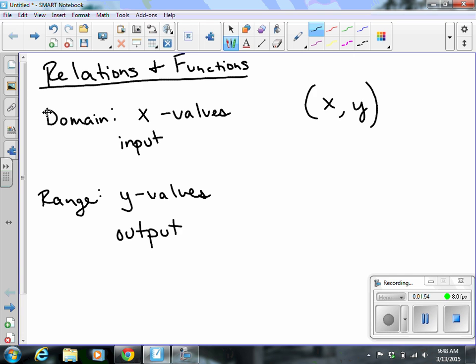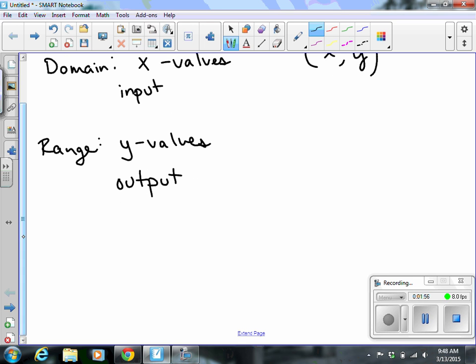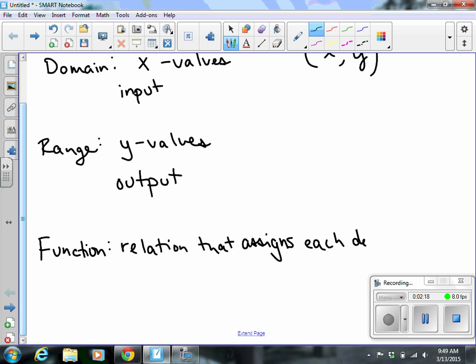Now, let's talk about what a function is. A function is a relation that assigns each domain number to exactly one range number.